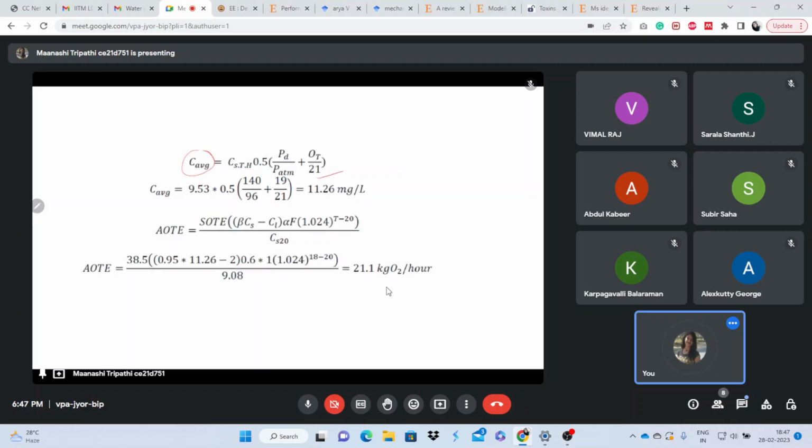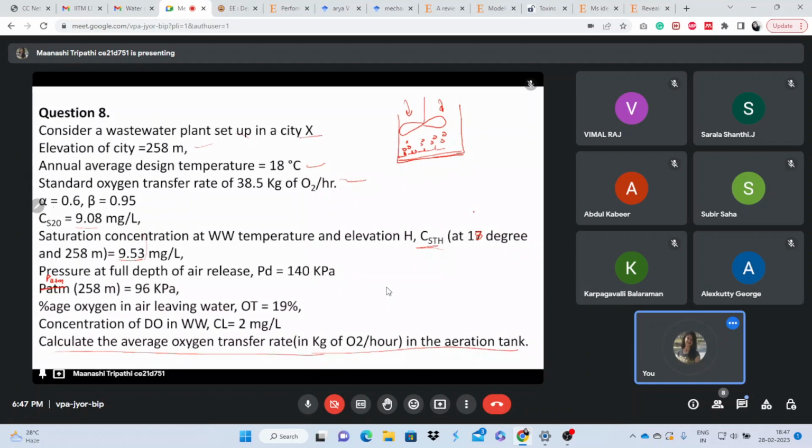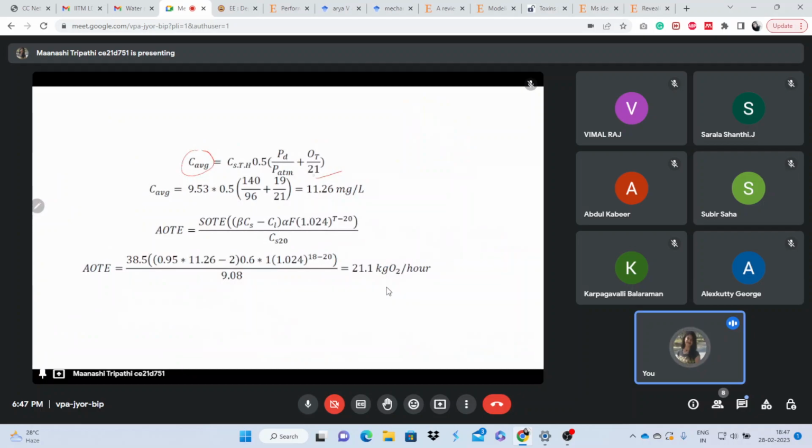What is this OT? This OT is given as percentage oxygen in air leaving the water. What is this 21? It means we will pump the air, and in air only 21% oxygen will be there. So that is why this 21%, and from this 21% only 19% is leaving the water.